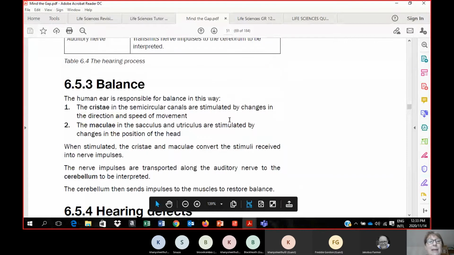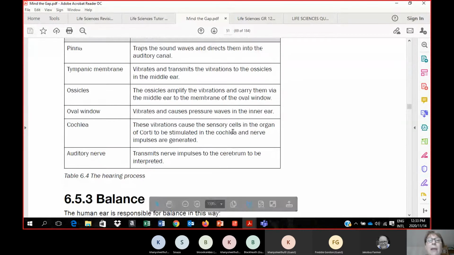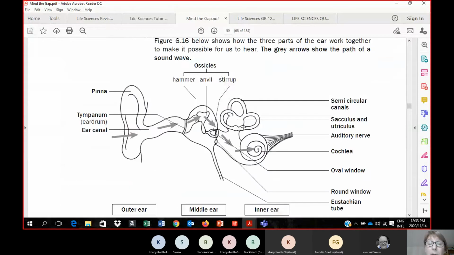Now, what about balance? I told you that the organs of balance are found over here in the semicircular canals. There's a little swelling at the bottom over here, and inside that swelling there are little structures called cristae. And inside this sacculus and utriculus, there are little receptors called the maculae.